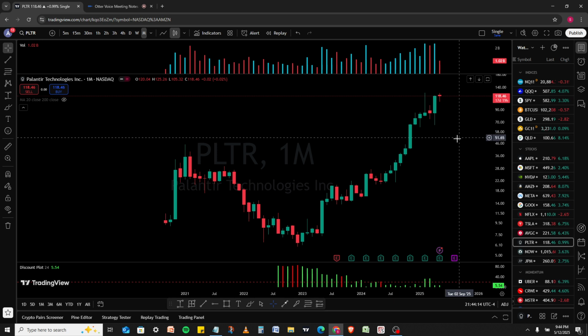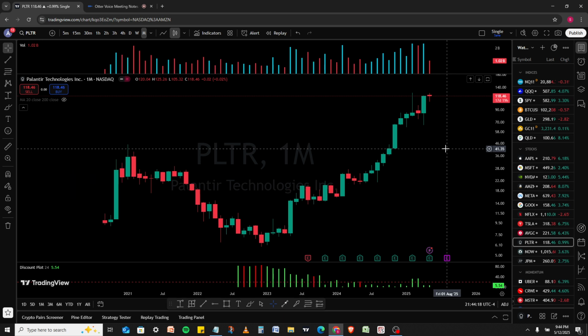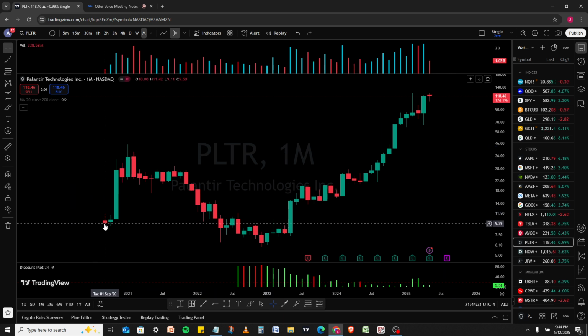This is the chart that you're seeing on the screen, Palantir Technologies in monthly chart, and every bar here represents 1 month of trading activity. And as we can see on the screen, it got publicly listed in September 2020, so it's been less than 5 years now with Palantir being listed.